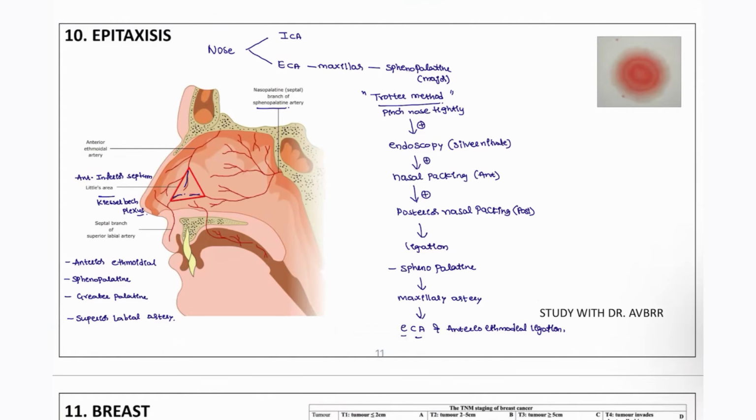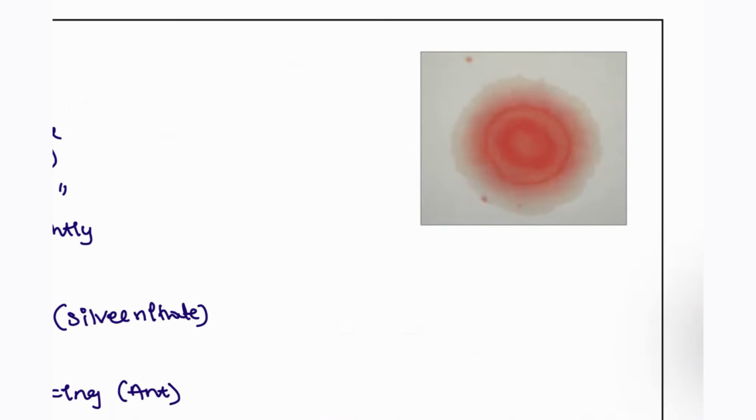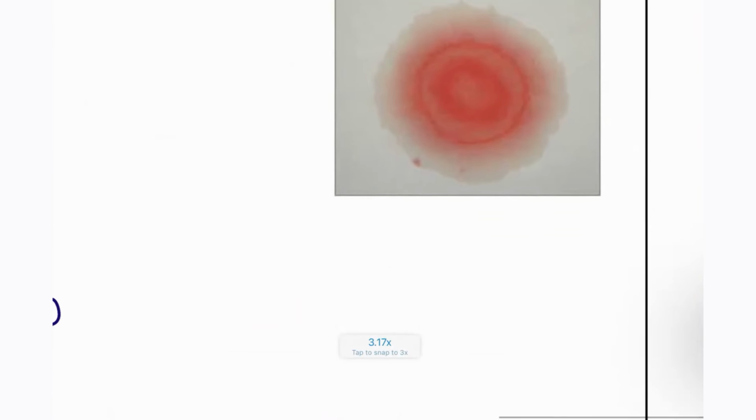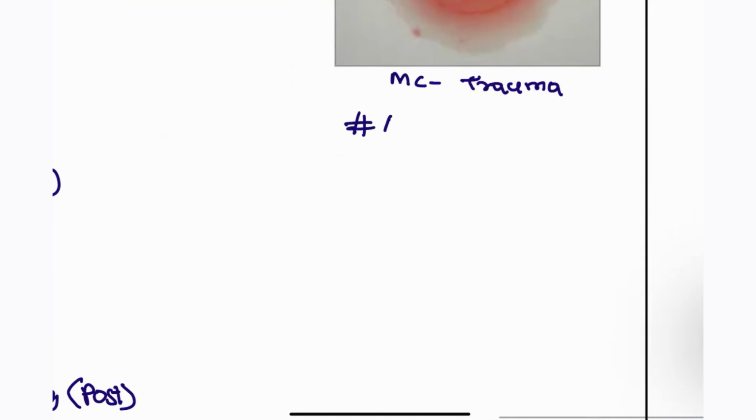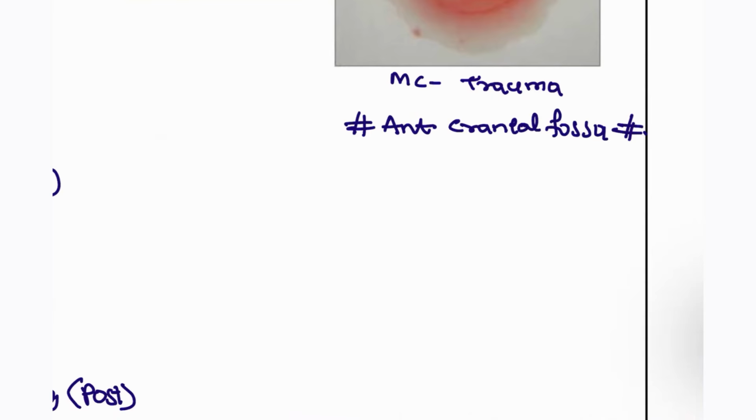Okay, next moving on to another important picture. This is nasal bleeding, guys. No, this condition is known as CSF rhinorrhea. Right, this is the CSF rhinorrhea. The most common cause for this patient, again the same, is trauma. Basically it is associated with an anterior cranial fossa fracture, which causes cribriform plate damage, and the CSF comes from this condition.